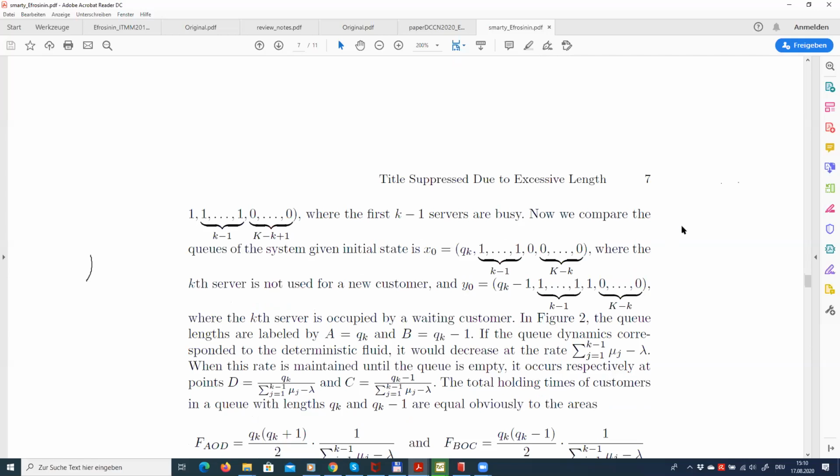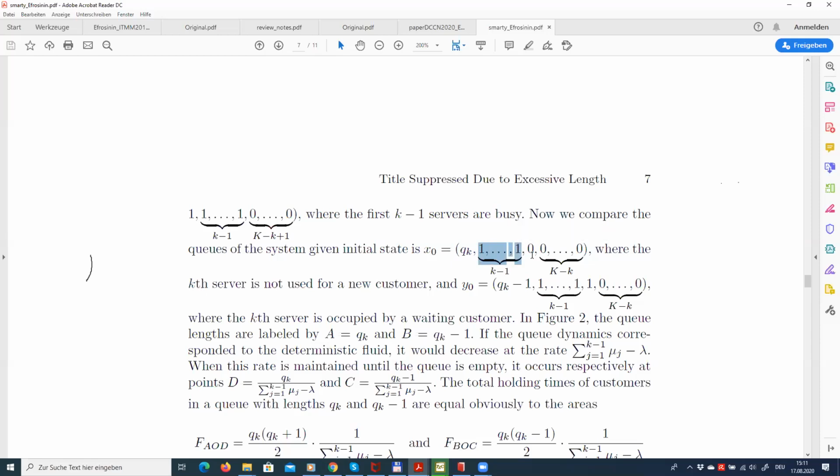We have to compare, for example, we are looking for the threshold level for the K-th server. That means the first k-1 servers must be busy, and we have two possibilities. Either we put the newly arrived customer into the queue, then we have qk customers in the queue and k-1 customers in the busy servers.